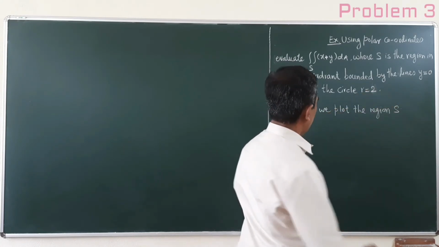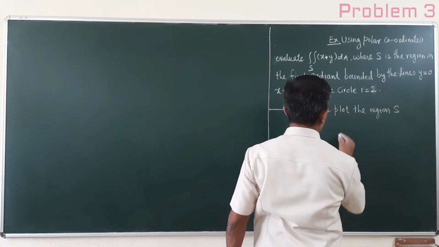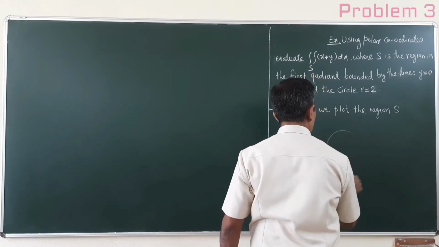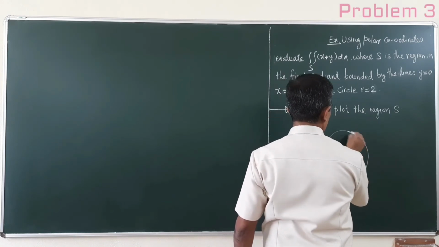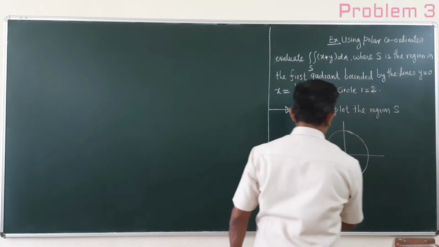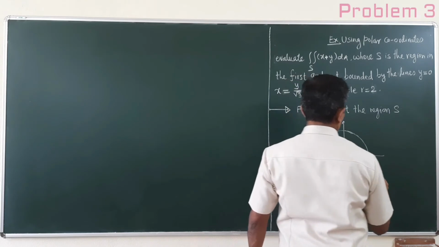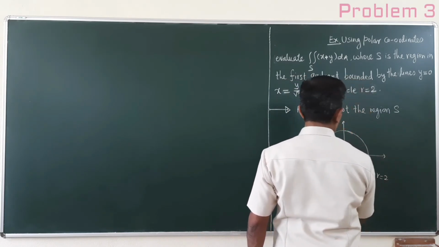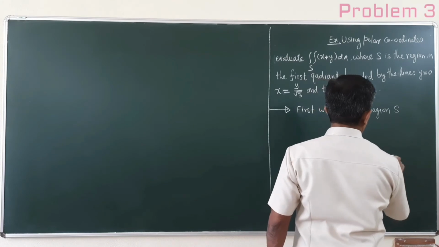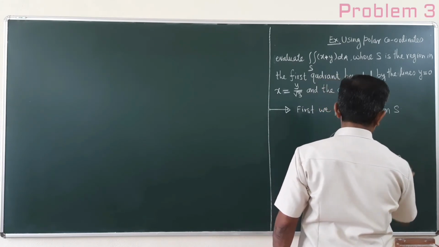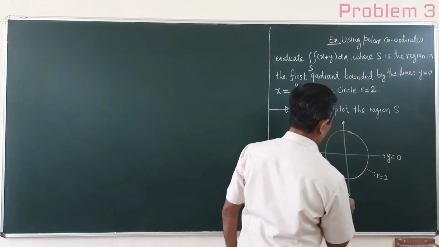It is the circle r is equal to 2, radius 2. So this is the circle r is equal to 2. This is my x-axis, so it is y is equal to 0. This is our y-axis.